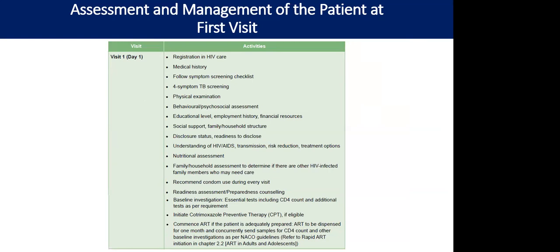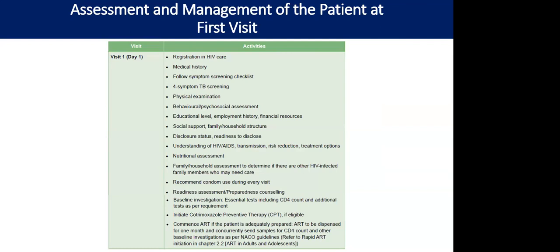You do it on the first visit: registration, history, follow-up symptoms, 4S TB screening, physical examination, psychosocial assessment, assessment of education, social support, disclosure status, understanding of the individual regarding HIV, nutritional assessment, family assessment, the recommendation of safe sex practice and use of condoms, readiness or preparedness counseling, and the baseline investigations like the essential tests that we have just discussed, cotrimoxazole preventive therapy, and starting antiretroviral therapy.